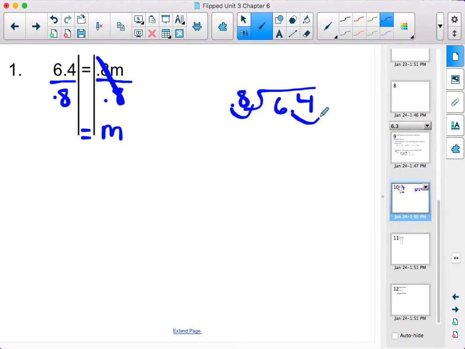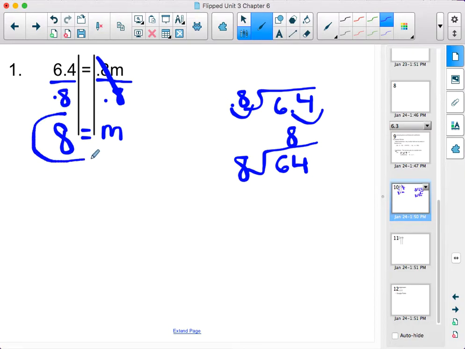We balance that out by moving the decimal one place to the right on the inside of the house as well. And our new problem is 64 divided by 8. A much easier problem for us to solve. 64 divided by 8, of course, is 8. So that tells us that m equals 8. There is our solution.